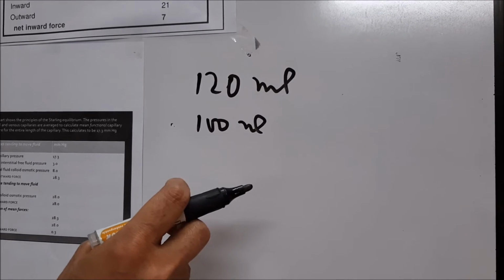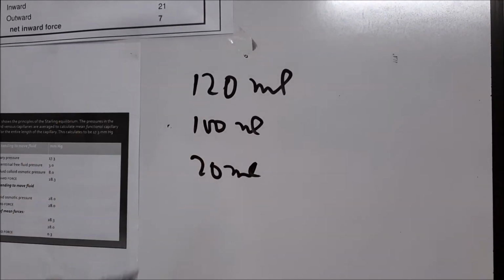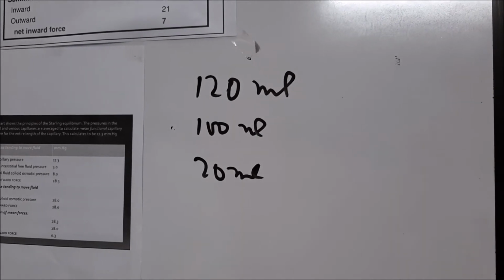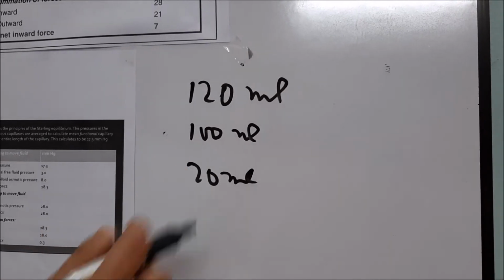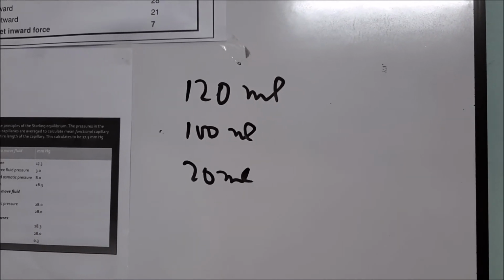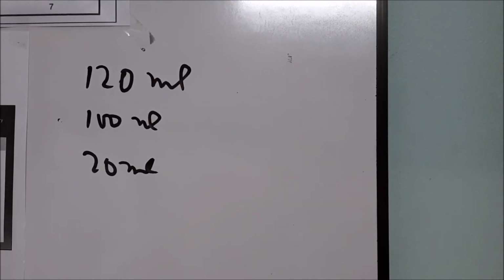Thoracic duct. And the remaining 20 ml goes again to circulation through the other lymphatics. The thoracic duct not only carries the interstitial fluid, it also transports colloid as well as lipid from the intestine. Which lipid? Chylomicron.